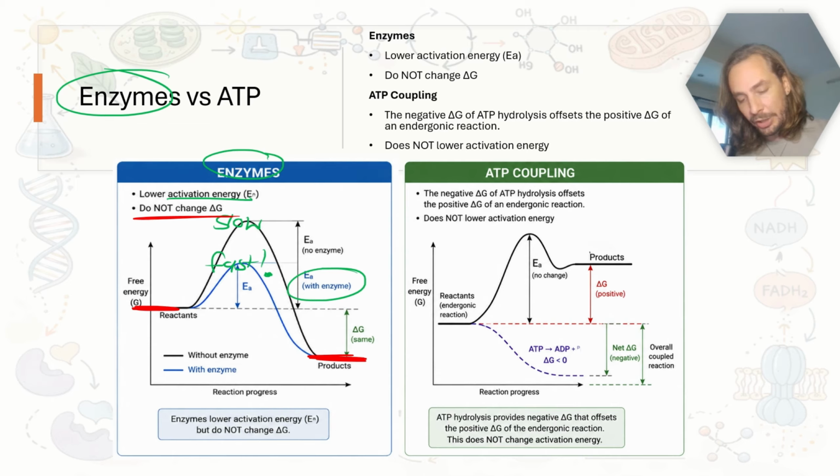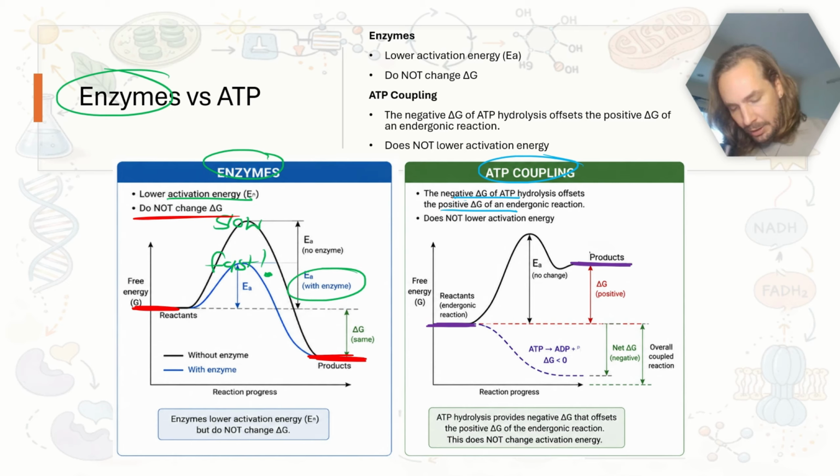But when we're talking about ATP coupling, the negative free energy change of ATP hydrolysis offsets the positive free energy of an endergonic reaction. So here are the reactants, here is the product.